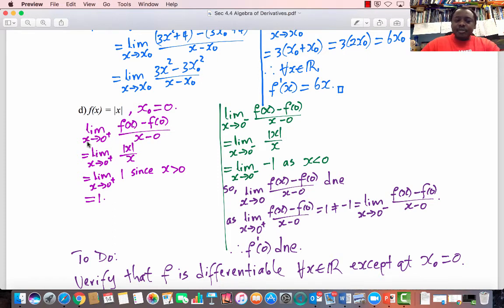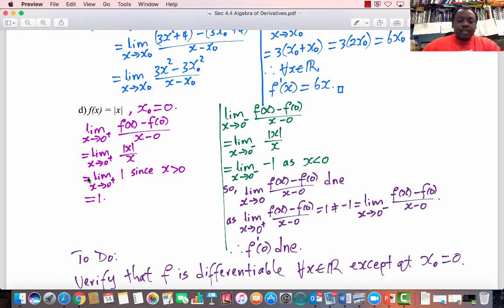The limit as x approaches 0 from the right of f of x minus f of 0 divided by x minus 0 is the limit as x approaches 0 from the right of absolute value of x divided by x, because f of 0 is 0.